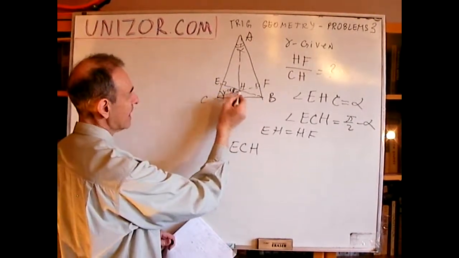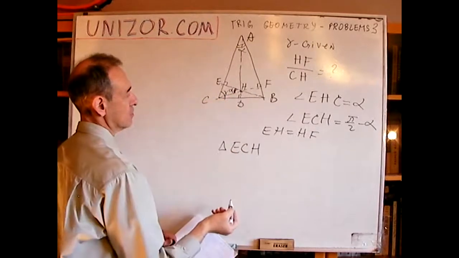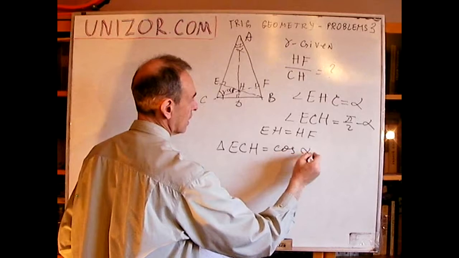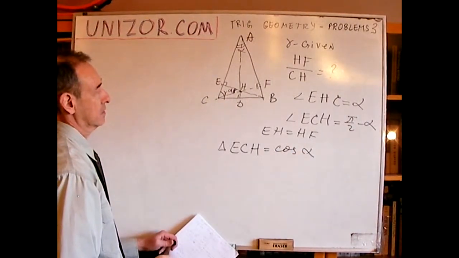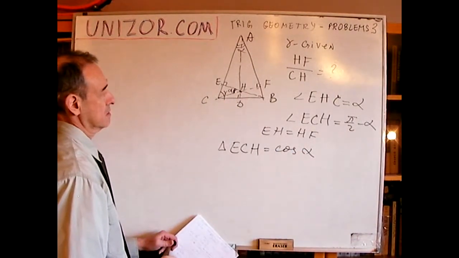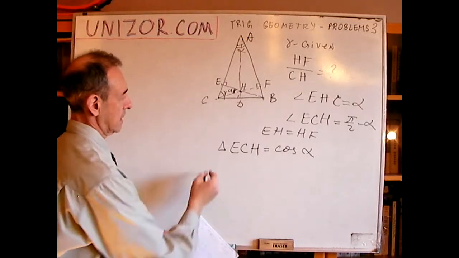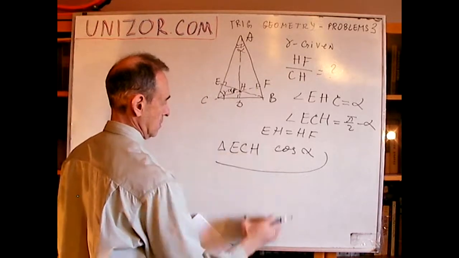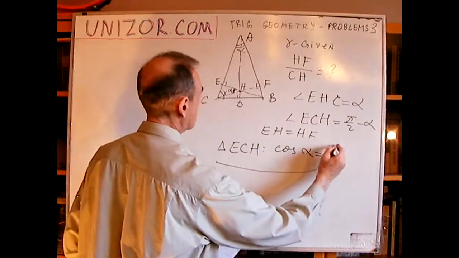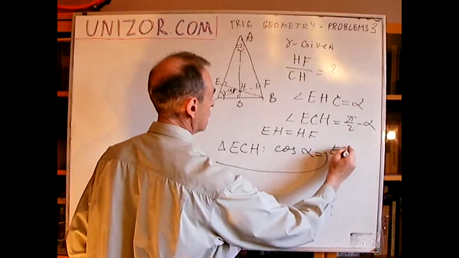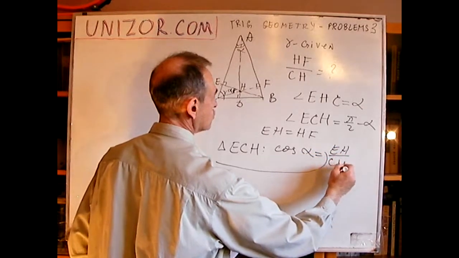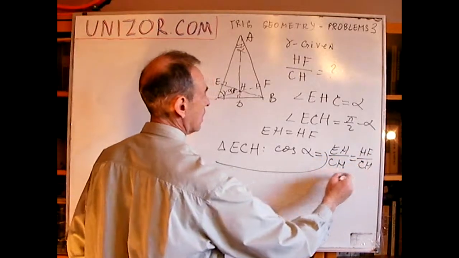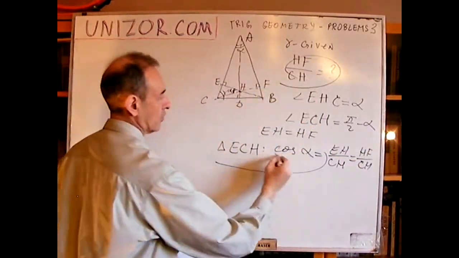It's the same as EH to CH, right? And this is, by definition, the cosine of alpha, right? That's basically EH over CH, which is the same as HF over CH. So this is what we actually need.